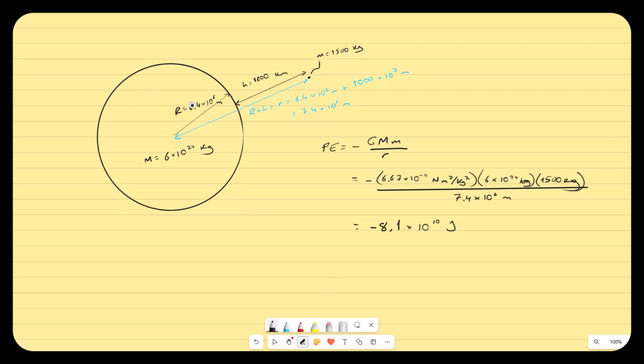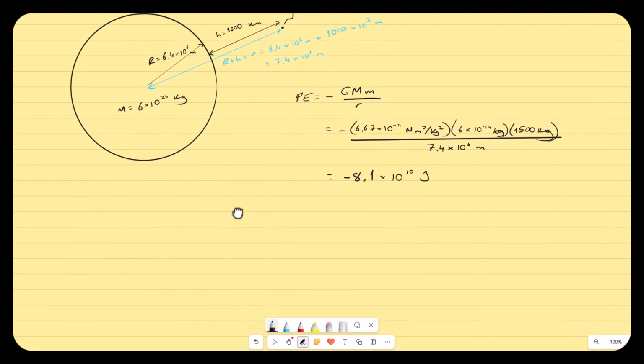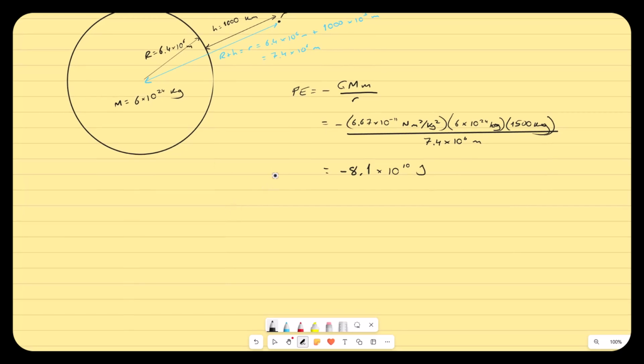Maybe I want to know how this changes when I get down to the surface of the Earth. So when I get down to the surface of the Earth, I'm going to plug in very much the same way. I'm going to go negative G M over r.